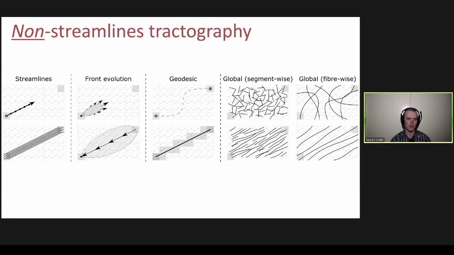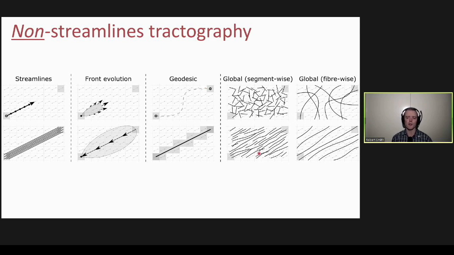And finally, a quick mention that there are forms of tractography that are not streamlines tractography. And I sometimes see this mixed up in communication. So I just wanted to be very clear that although streamlines is a form of tractography, it's not the only one. There are various other techniques that deal with front evolution. Geodesics involve constraining your endpoints and then looking for the most probable path between them.